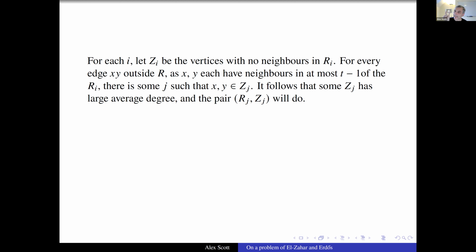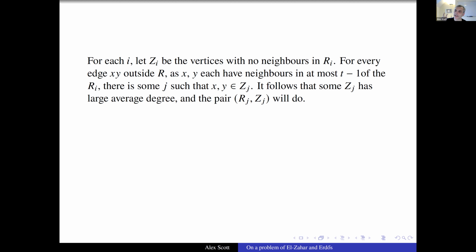If I think about any edge that sits outside the union of our rocks, then both ends of the edge have neighbors in at most T-1 of our rocks, and so there's some rock in which neither of them have any neighbors. So there's some J such that neither X nor Y have a neighbor in Zj.